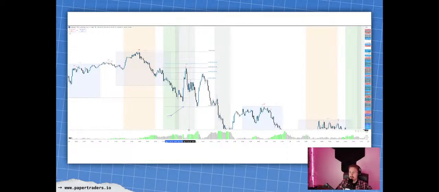Price sweeping the previous 15-minute low, as well as the 5-minute at 9:25, as the closing price is holding the 9:30 candle body above, which typically gives us a reversal to the upside.